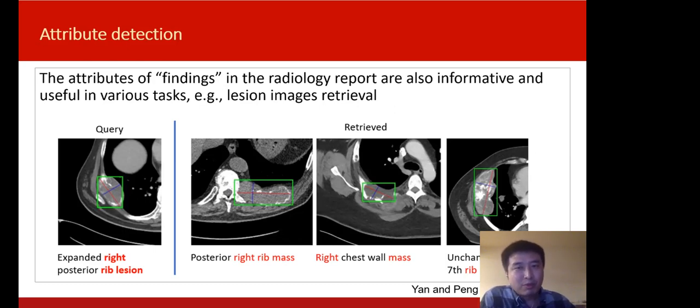We use those attributes to help us retrieve images from the database. From this example, we can see that we can retrieve more diverse images that are not similar to the query image, but share the same semantic meaning.